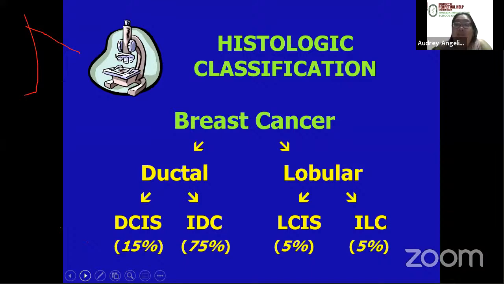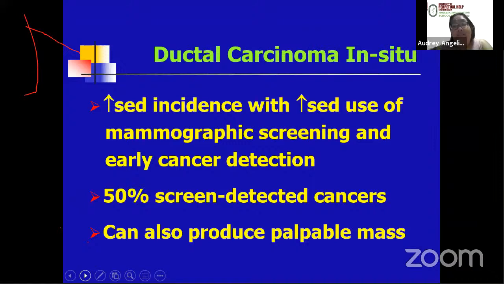So, if you are to surmise what is the most common form of breast cancer, your answer should be intraductal carcinoma. Okay. So your ductal carcinoma in situ would be your increased incidence with increased use of mammographic screening and early cancer detection.